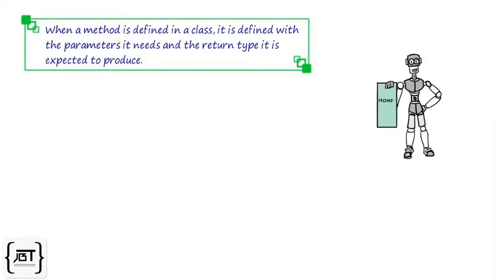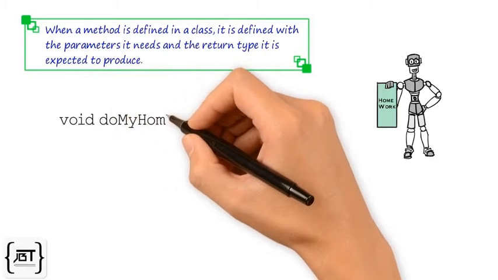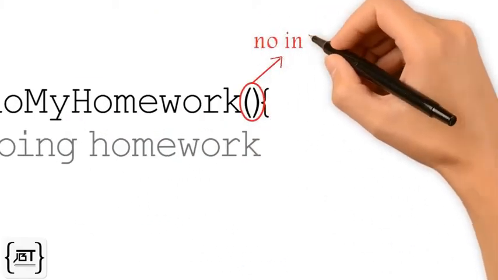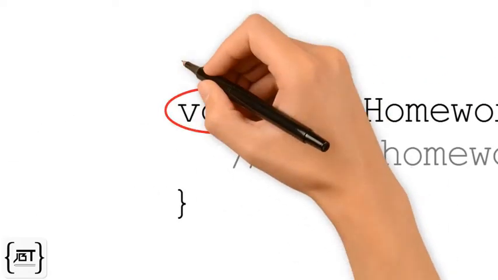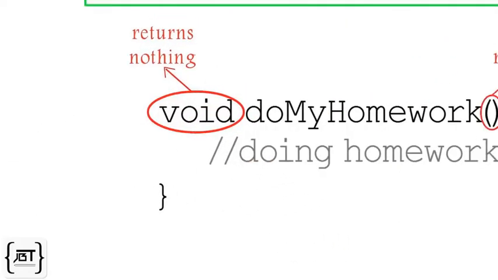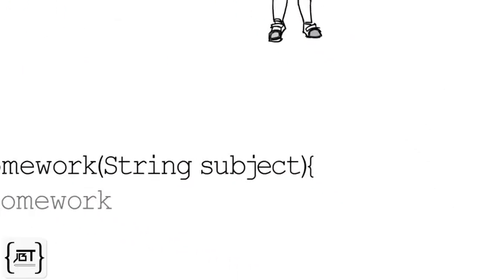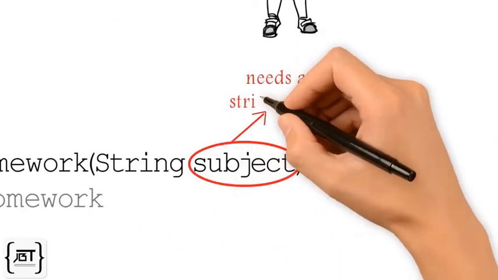For example, here we are defining a robot class, having a method doMyHomework that does not need input and does not produce an output. This method needs an input for the subject name it has to do homework for.